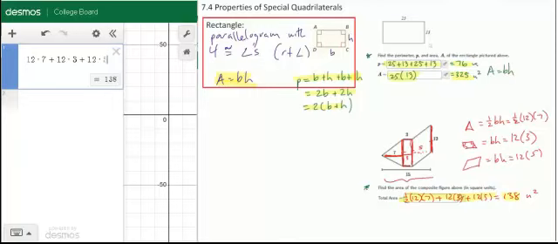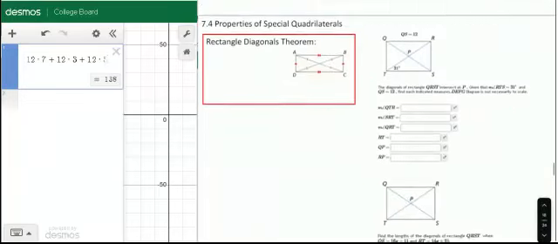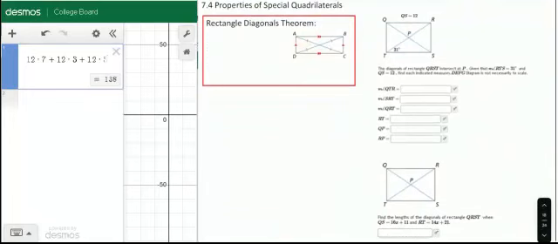All right, so just like with the rhombus, rectangle there are some specific properties that by themselves allow you to know that a parallelogram is in fact a rectangle, and the relationship is going to be that the diagonals are congruent. Okay, so if you have a parallelogram and the diagonals are congruent, then you're dealing with a rectangle.